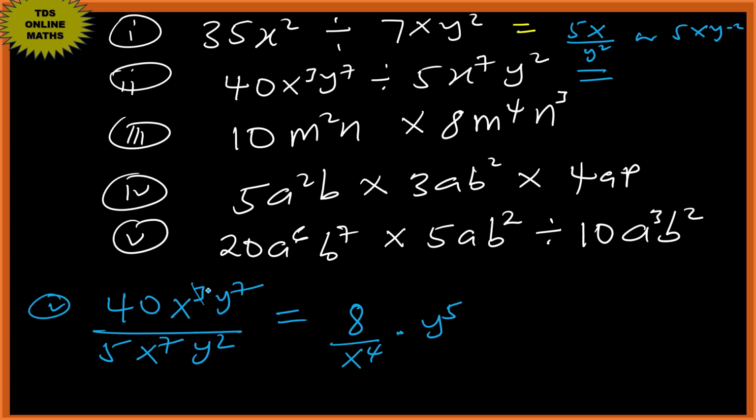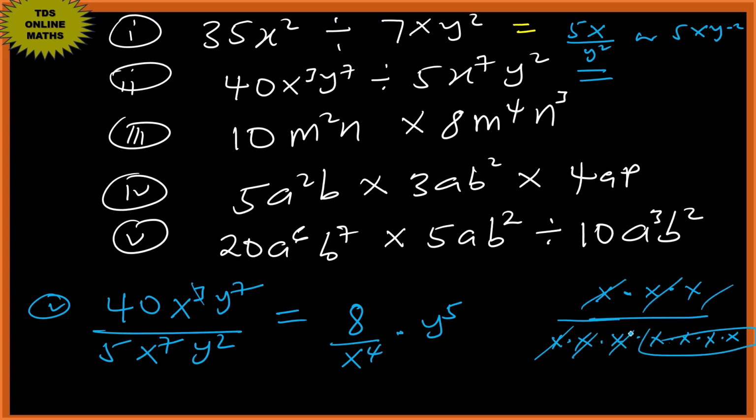Okay, so this one is the same as x multiplying itself 3 times. And this one is x multiplying itself 7 times. So this one will cancel this, this one will cancel this, this one will cancel this. So I will leave it x to the power 4.